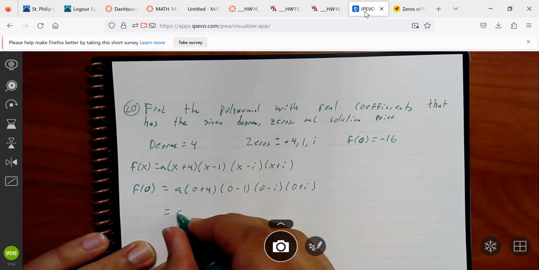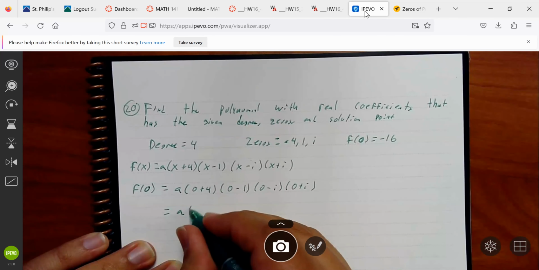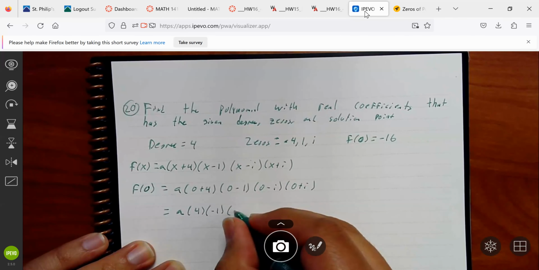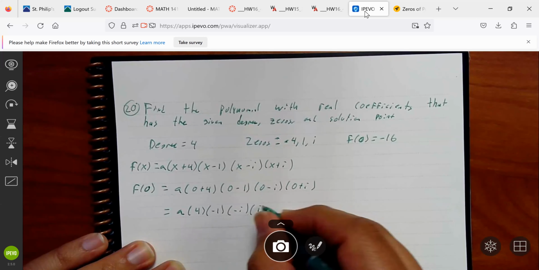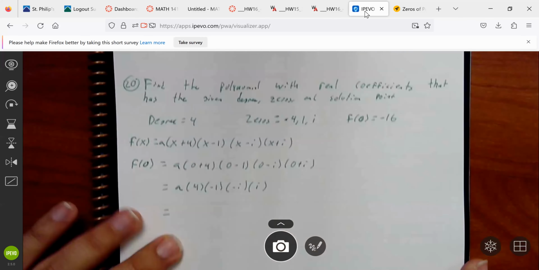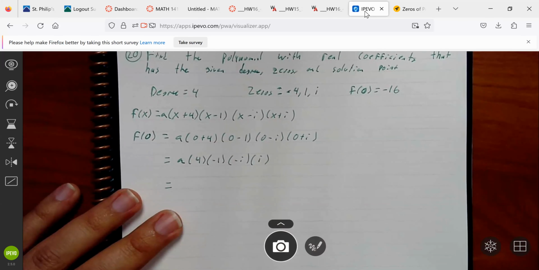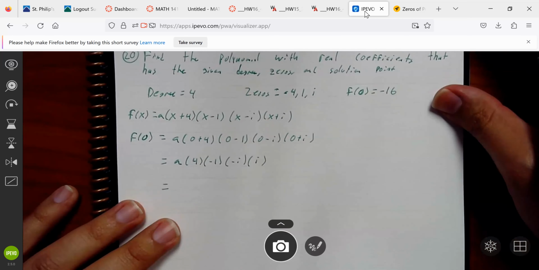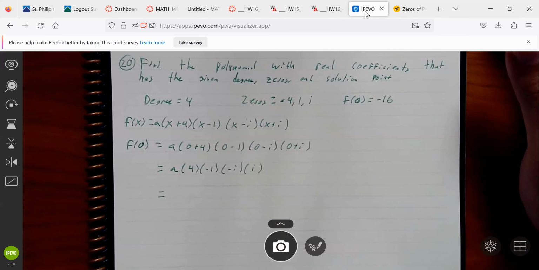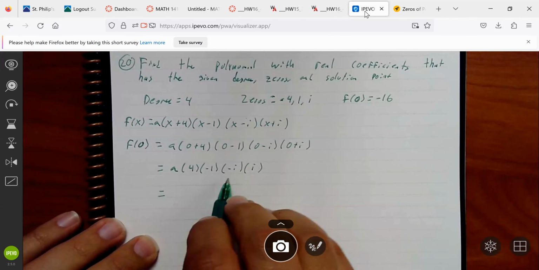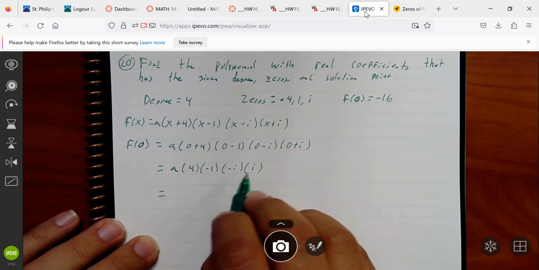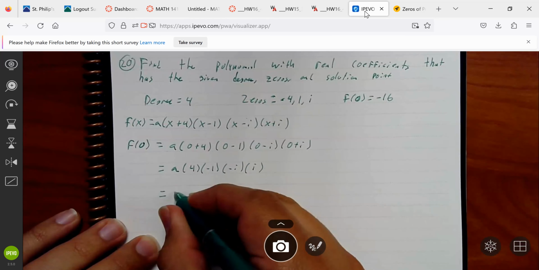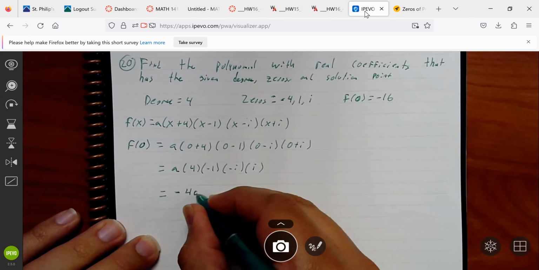So that'll be A times 4 times negative 1 times negative i times i. It's a little easier once you plug in the zeros. So i times i is negative 1, with another negative is positive, times the negative 1 is negative again. So this is negative 4A.